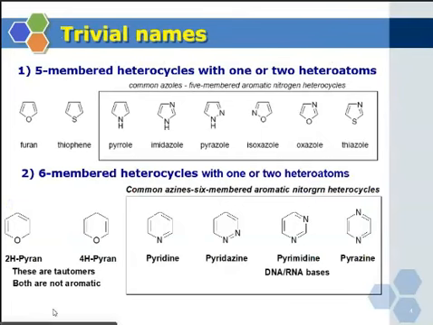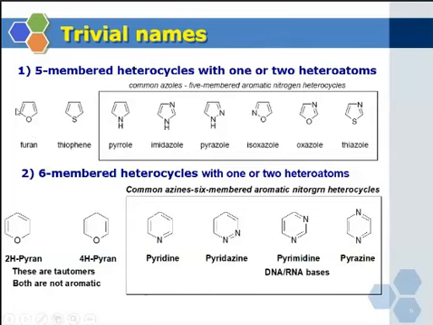There are several heterocyclic rings included in our syllabus. Now let us see the trivial names given to some of these rings. When we talk about 5-membered heterocyclic rings with 1 or 2 heteroatoms, the most common heterocyclic rings are shown here.